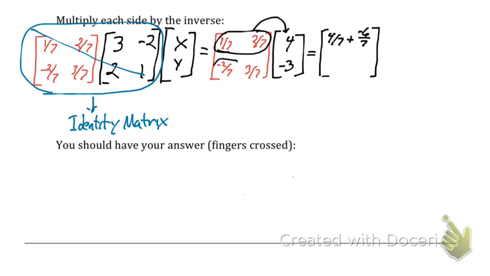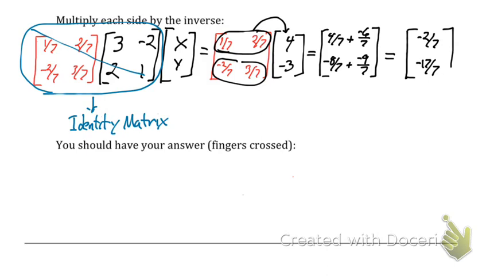And then we go to the next column, which is the negative 2 over 7. So we have negative 2 times 4, which is negative 8 over 7, plus 3 times negative 3 is a negative 9 over 7. So this side becomes 4 minus 6 is negative 2 over 7, and negative 8 minus 9 is negative 17 over 7.